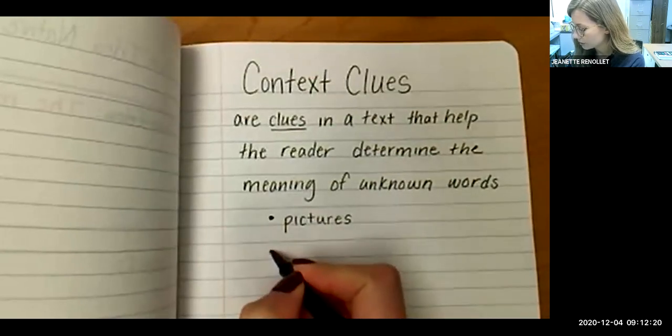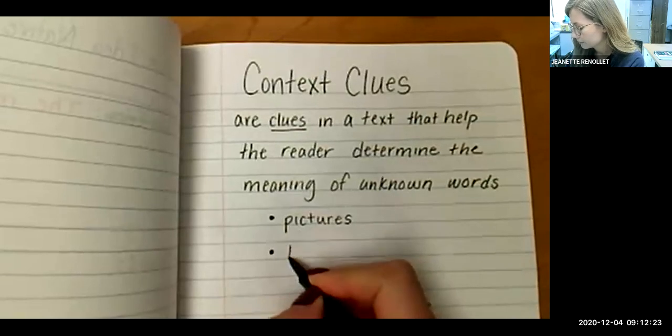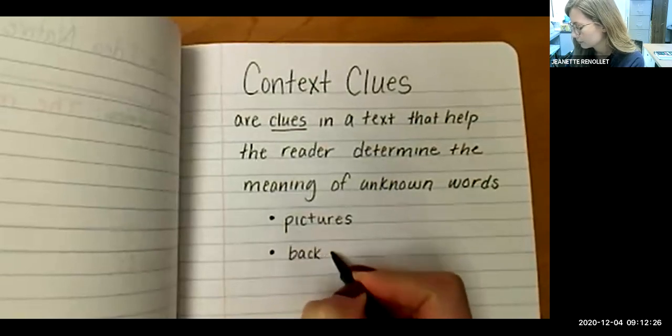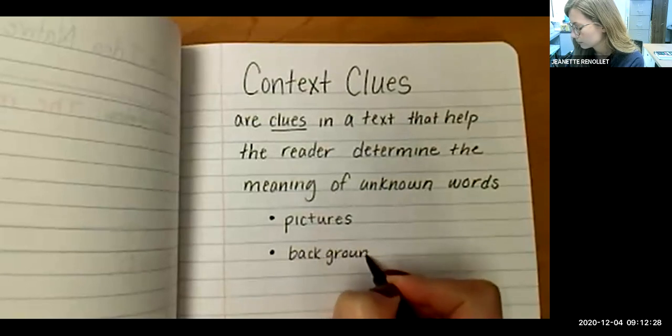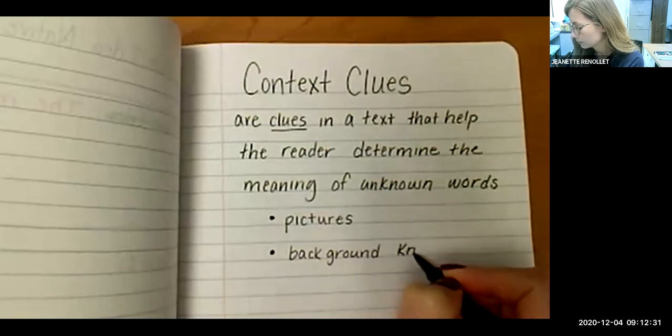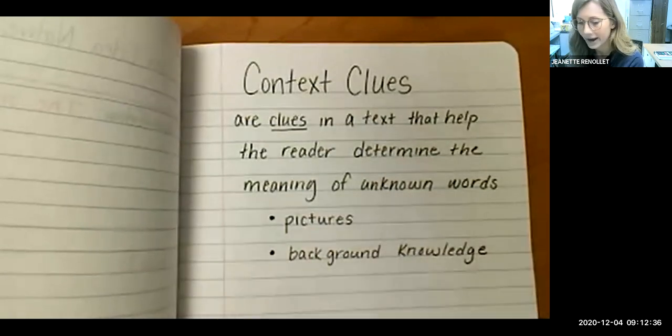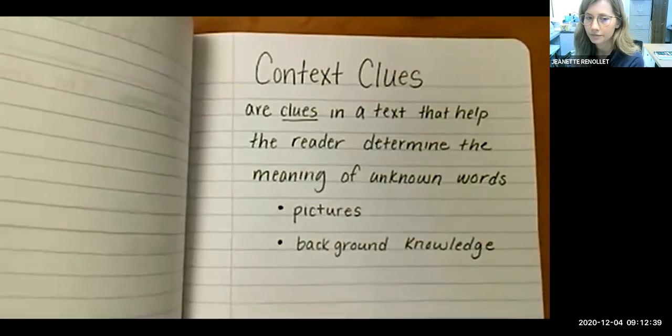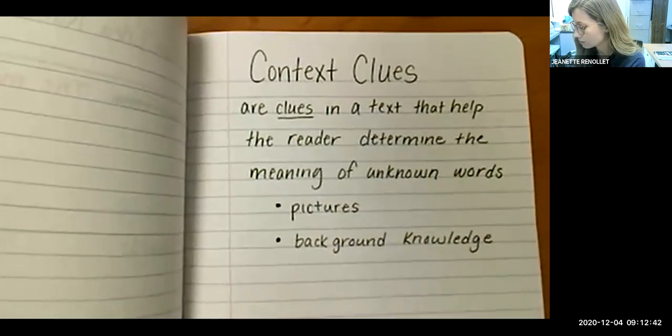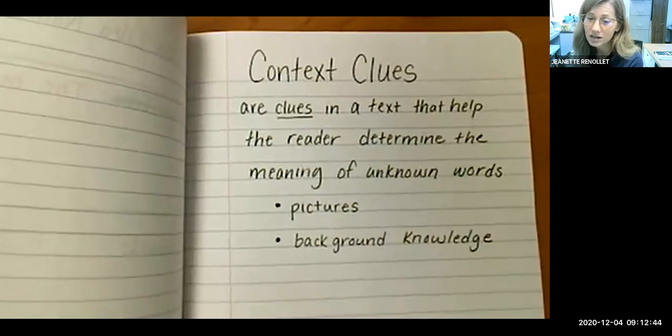Another clue we can use: background knowledge. Background knowledge means stuff you already know. Knowledge you have in your life, in your background. Knowledge you already have before you read the text.